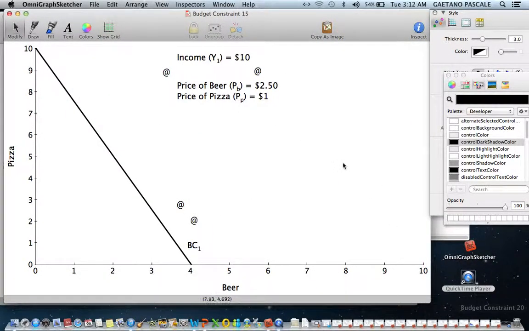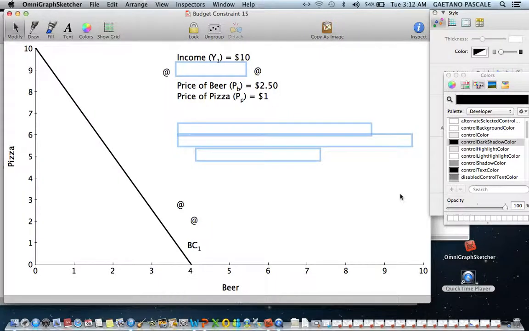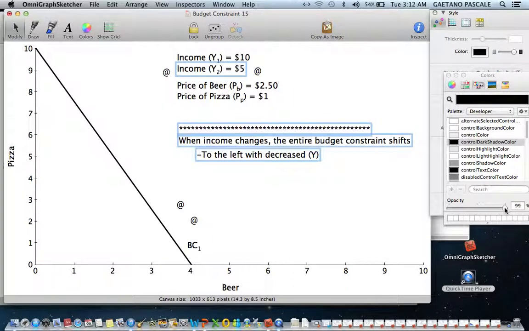Well, let's take a look at what happens if we have a decrease in income. If we go from $10 to $5 in income, that means I can consume less of both products. So again, the budget constraint is going to shift inward. It's going to be a parallel shift to the left from the original budget constraint.